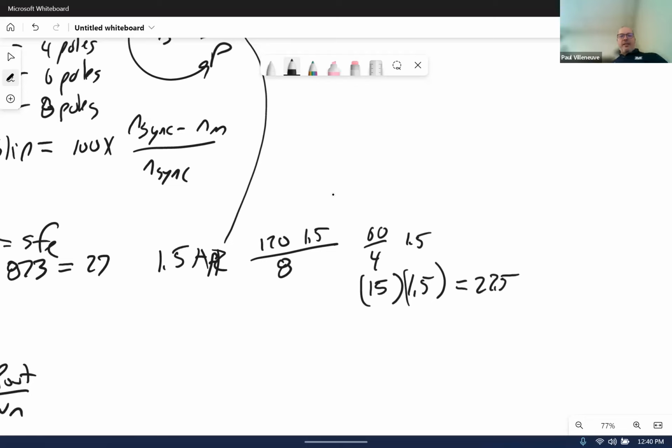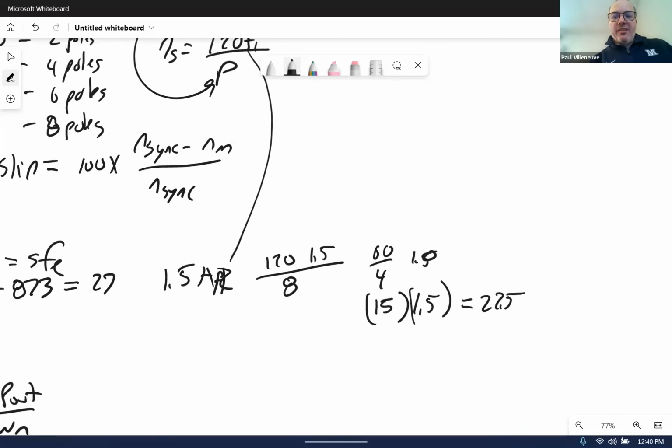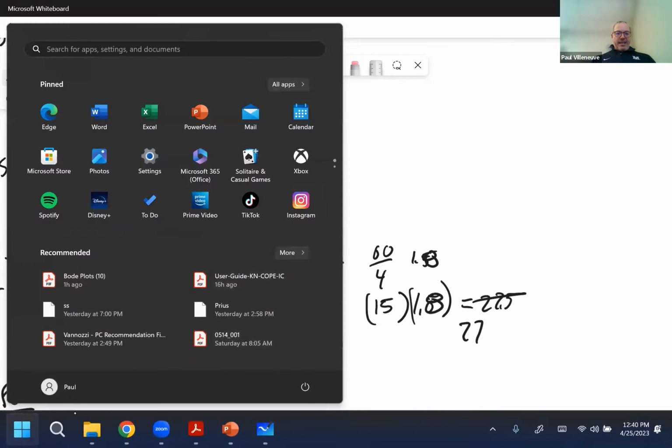That's off a little bit. I'm not sure why. Oh, I know why. Is that 1.5? It's 1.8 hertz. That's my problem. If you did it at 1.8 hertz, guess what you'd end up with? 27. Let's check it out. Let's bring up MATLAB.